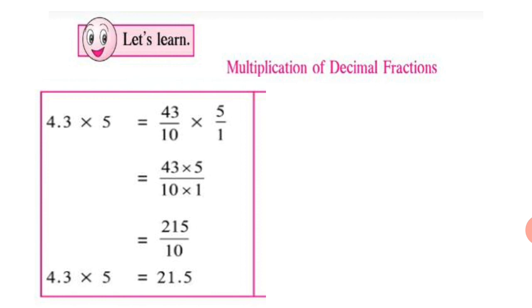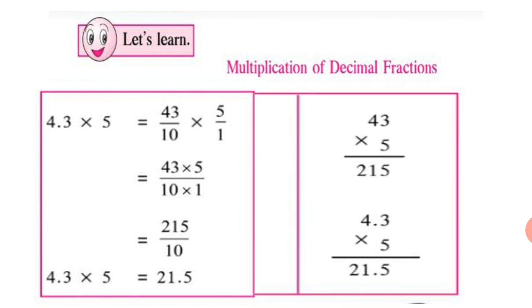The second method, the question is 4.3 into 5. So first ignore the point and multiply as you usually multiply. So 43 into 5, answer is 215.